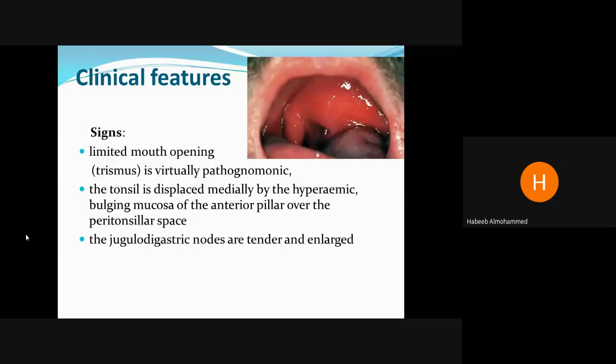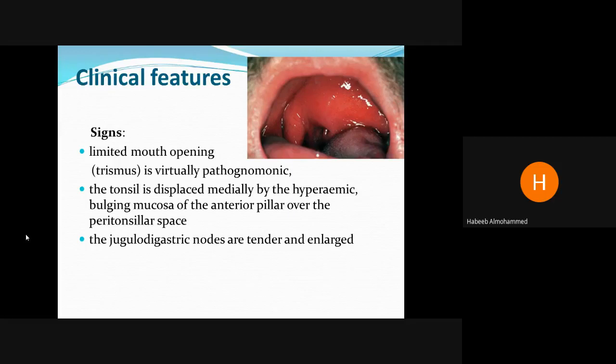When you face a patient with peritonsillar abscess, the first feature that makes the clinician think about it is, when he asks the patient to open his mouth, he cannot open it adequately. So, trismus. Second, the tonsil is displaced medially, and the tonsil is never normal.